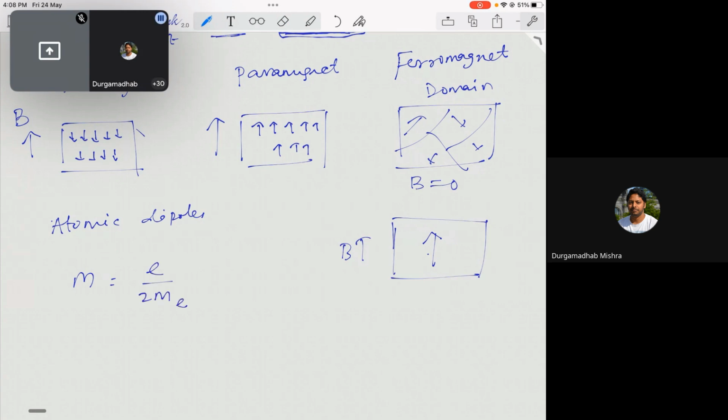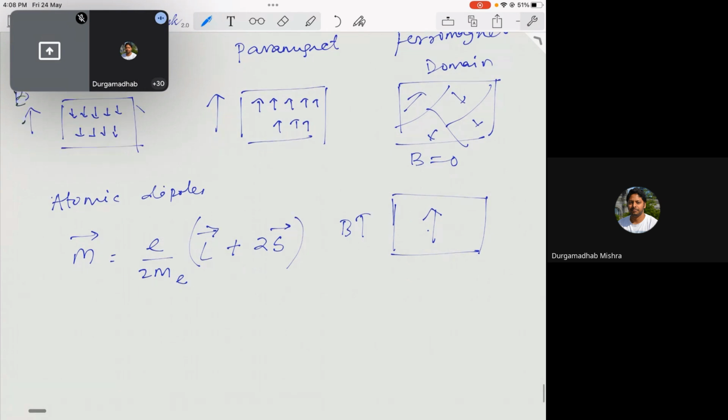The origin is quantum mechanical, related to the orbital angular momentum and the spin angular momentum of the electron.